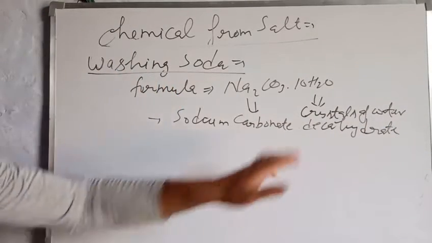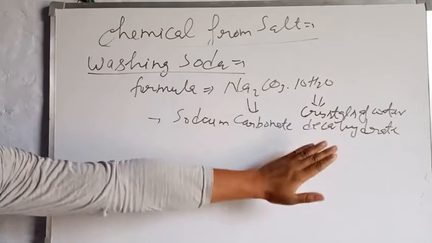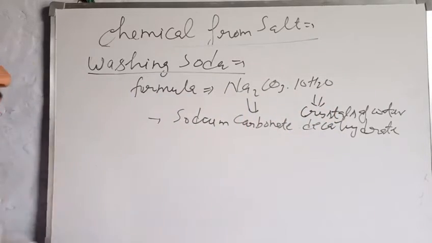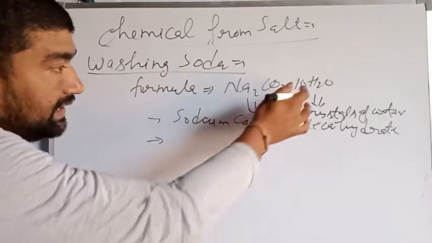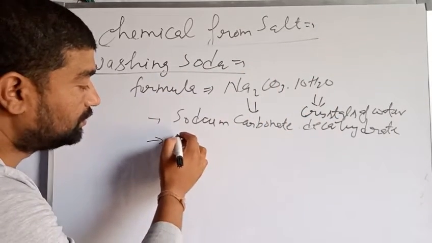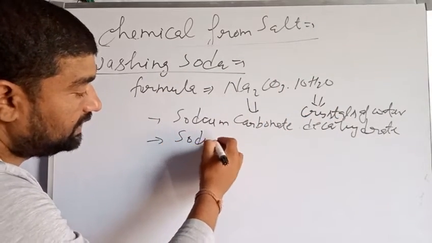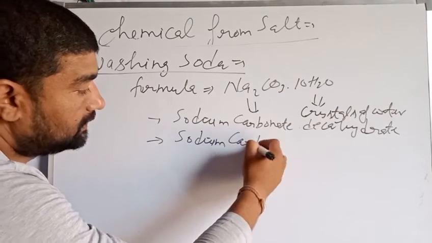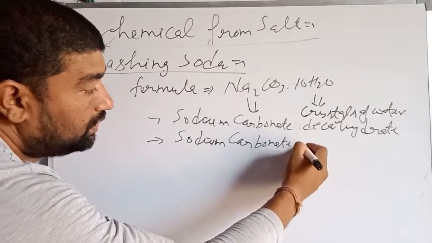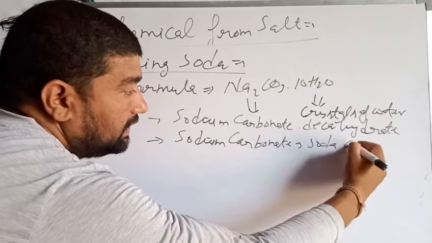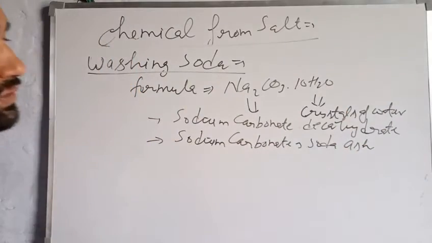That means there are 10 molecules of water, 10 crystals of water, and sodium carbonate. If you remove those 10 crystals, it is called sodium carbonate only, also known as soda ash.